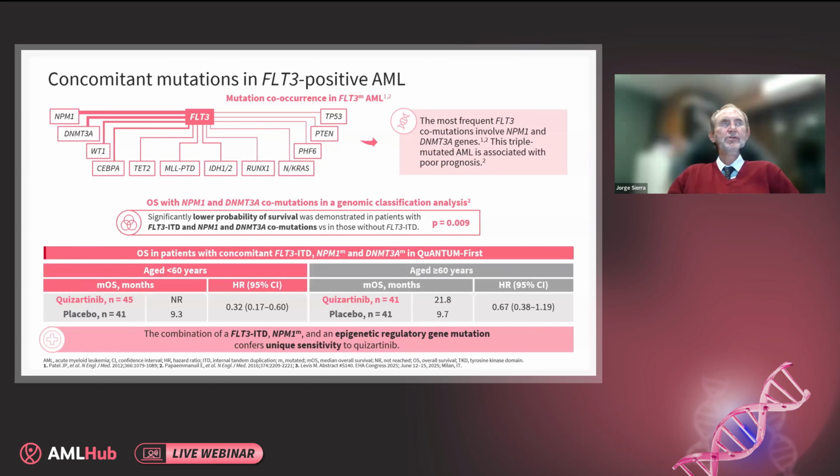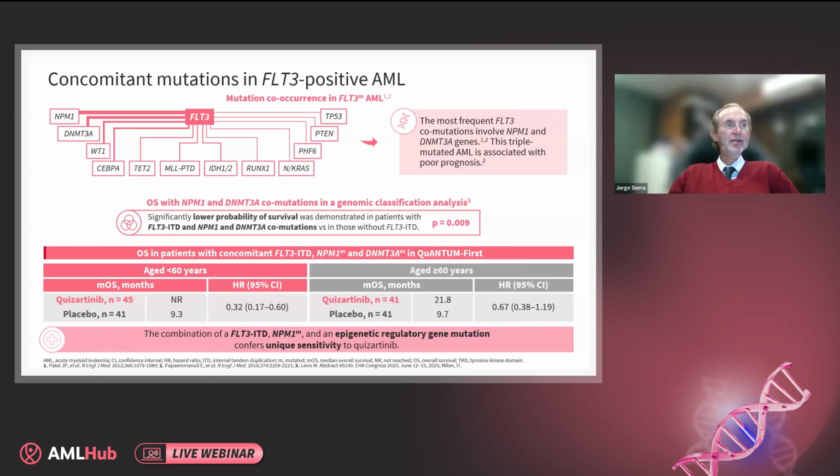It is very important to look for co-mutations in patients with FLT3-positive AML, because some associations have a prognostic impact. For example, the association of FLT3-ITD, NPM1 mutation, and DNMT3A leads to a poor prognosis.